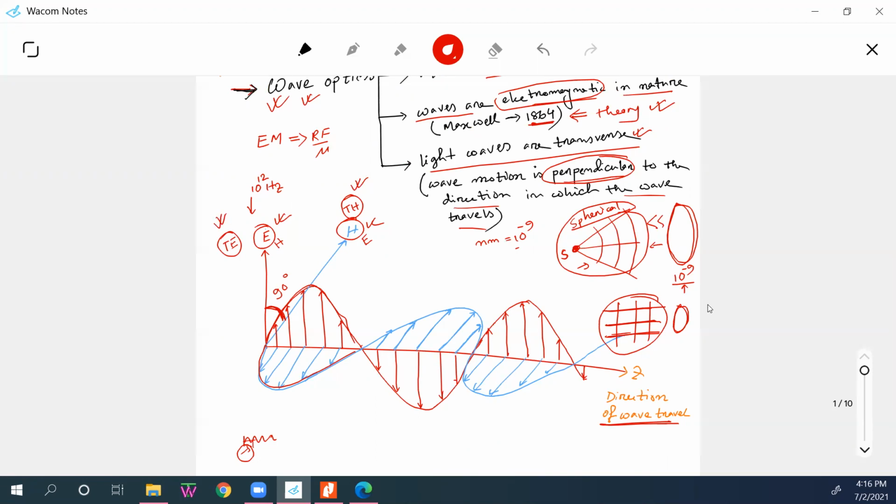This electromagnetic analysis was first implemented in microwaves, when waves were traveling through, for example, a hollow metallic waveguide.